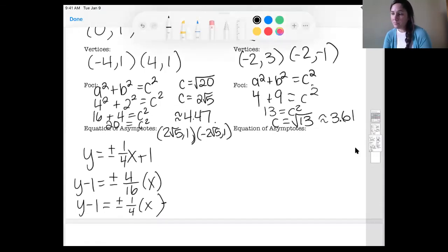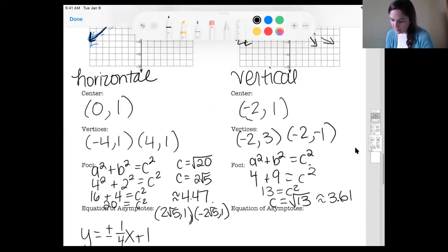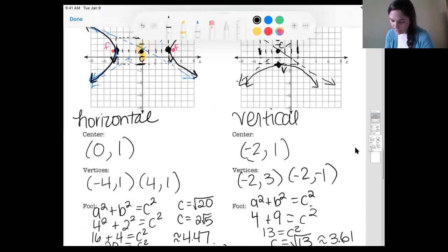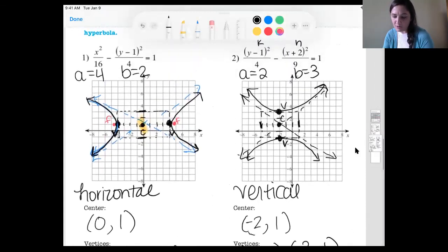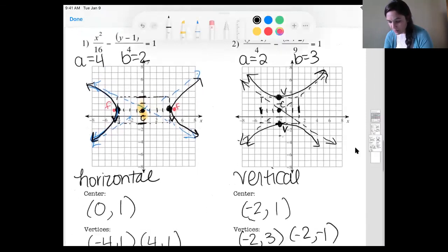Okay, so in this case, our foci, remember foci always lie within our branches, so they're going to be above this vertex and below this vertex down here. And they are going to be that root 13 distance away from the center, going up and down.